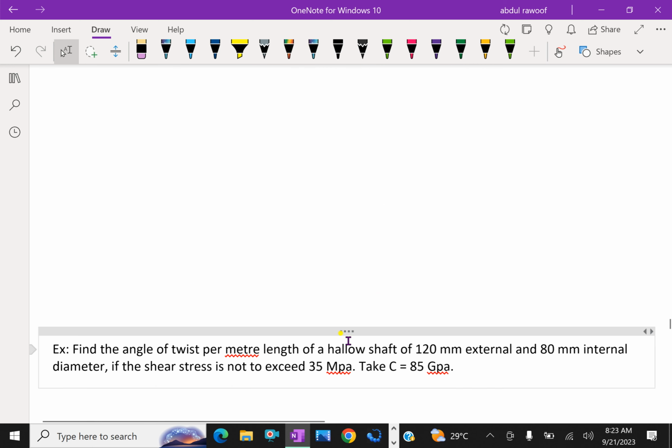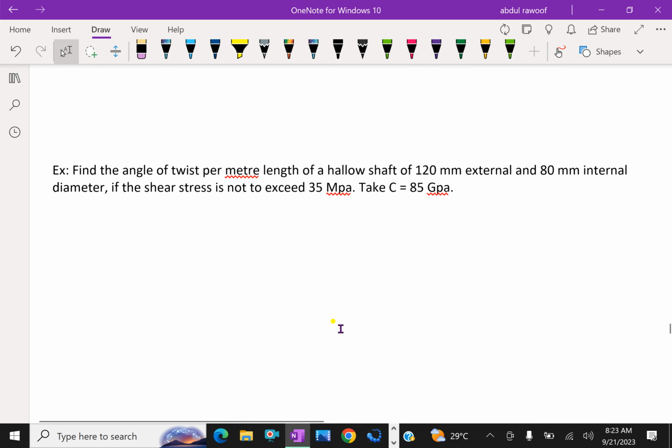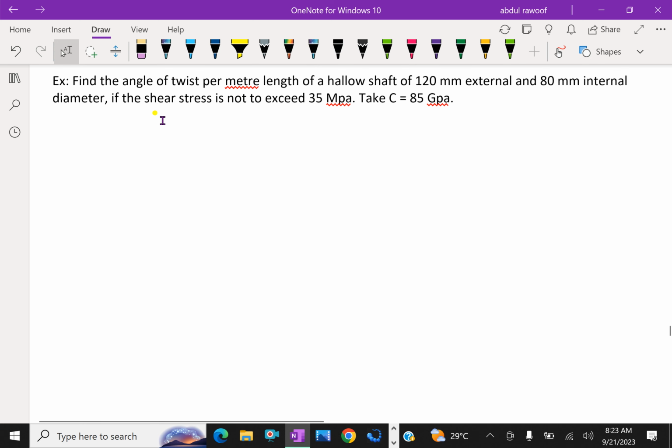Now let us do one example problem regarding this concept. Find the angle of twist per meter length of a hollow shaft of 120 mm external and 80 mm internal diameter if the shear stress is not to exceed 35 MPa. Take C equal to 85 GPa.